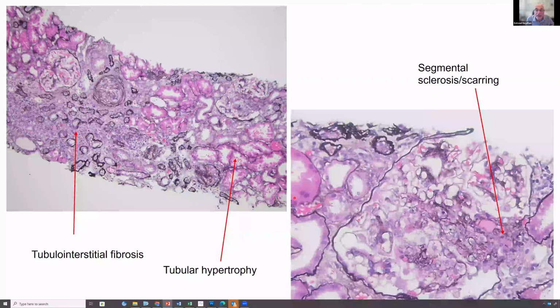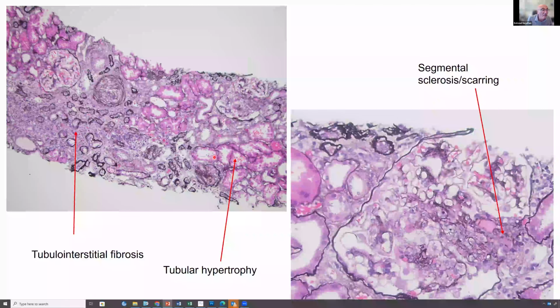This is a higher magnification. Still, we had segmental sclerosis or scarring with obliteration of the capillary loop and also focal deposition of hyaline. Maybe very limited influx of leukocytes in the glomerular capillaries. A lot of chronic injury with tubular atrophy and interstitial fibrosis.